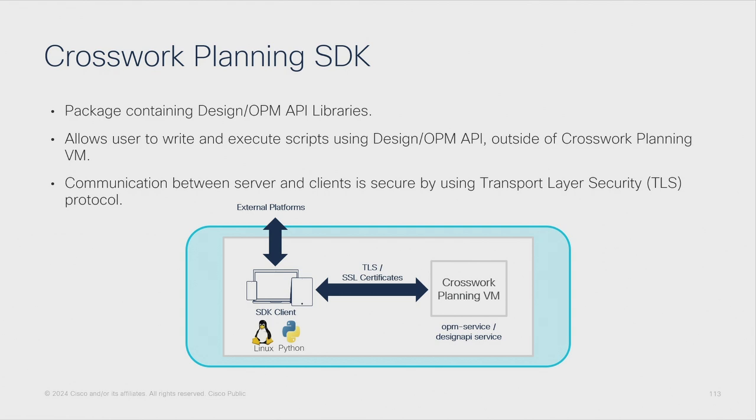It will connect to the design API service that is running locally in the Crosswork Planning VM. For communication between server and clients, we will use a TLS secure protocol, and also SSL certificates.